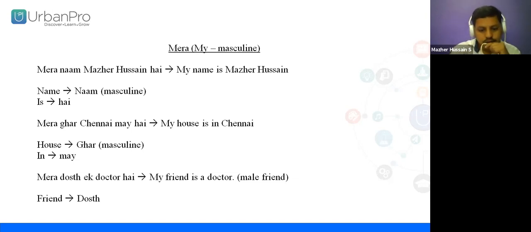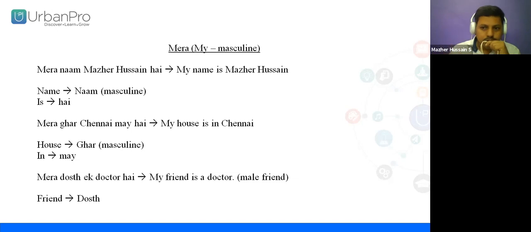Here the word name is always masculine. Whether the person's name is Mazhar Hussain or Venkat or Kausalya or Pooja, whatever it may be, when we are talking about our name, we should always use mera.